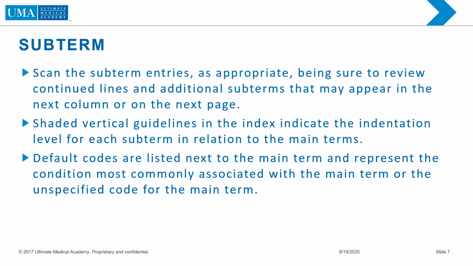We're going to move on here with a few examples to show how the subterm looks in your alphabetic index, and what the default code looks like next to the main term.